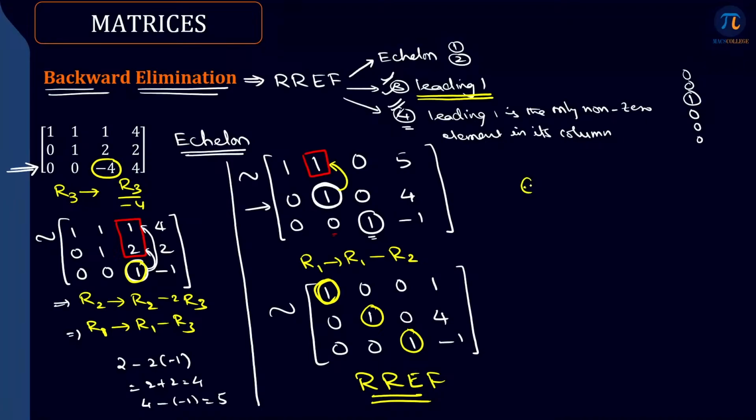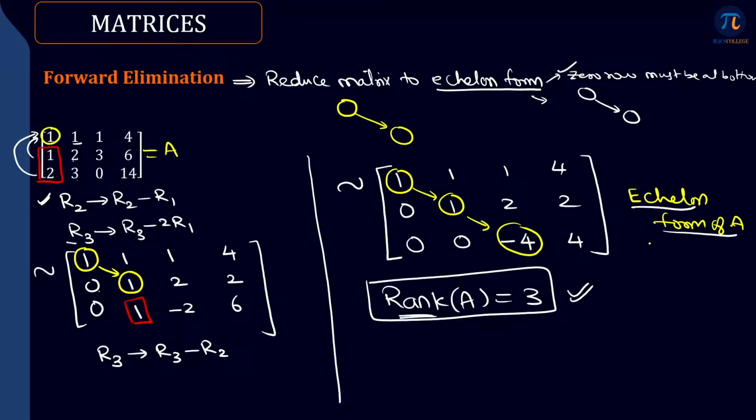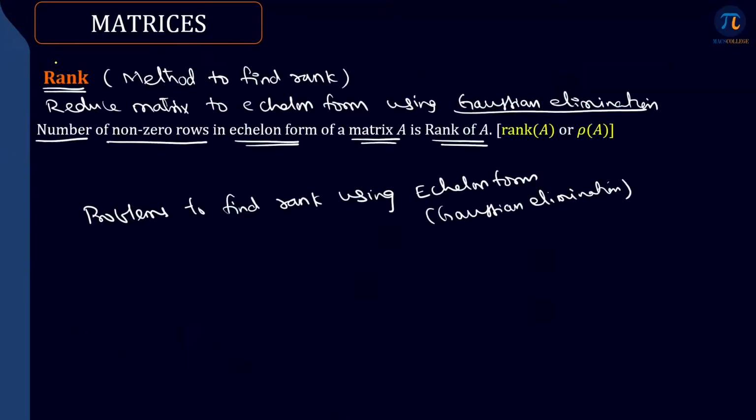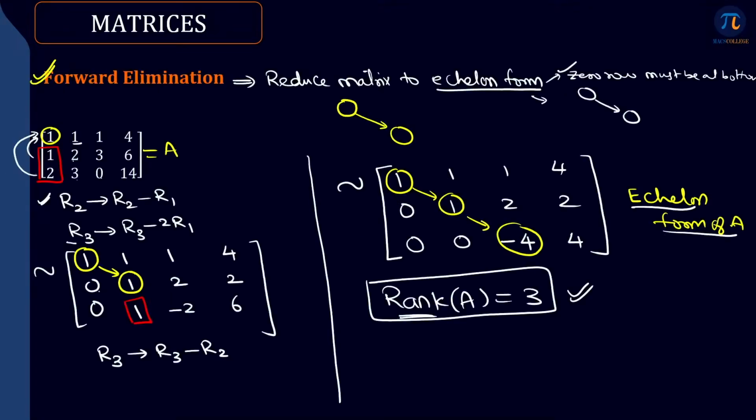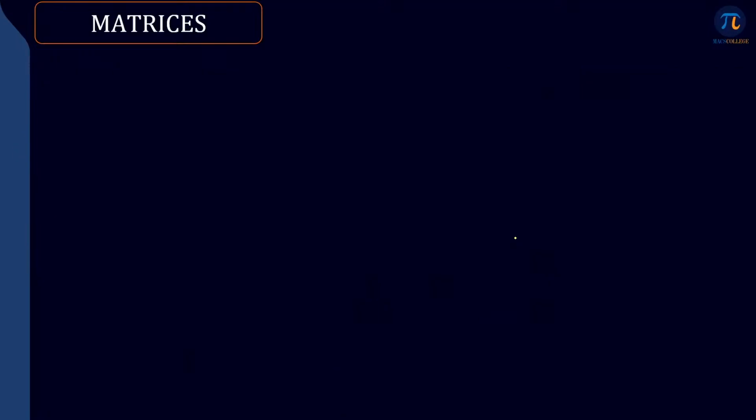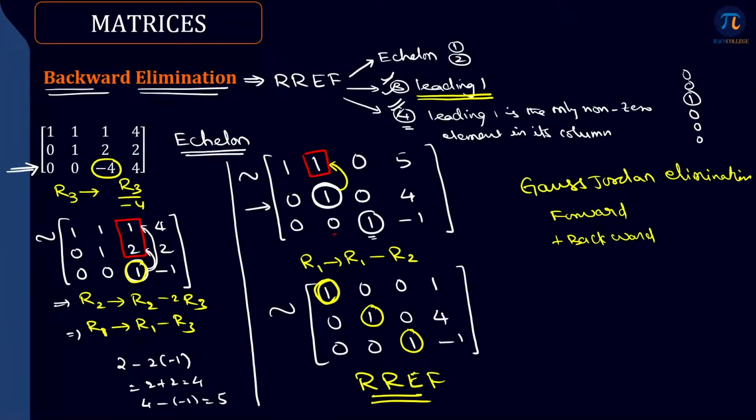And please note, the Gauss-Jordan method, or Gauss-Jordan elimination, means forward elimination plus backward elimination. That is, first you have to do forward elimination. After you get the echelon form, you have to reduce it to the reduced row echelon form. So the combination of these two is Gauss-Jordan elimination. Please note.